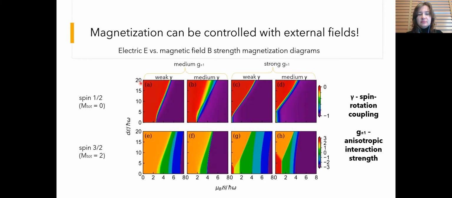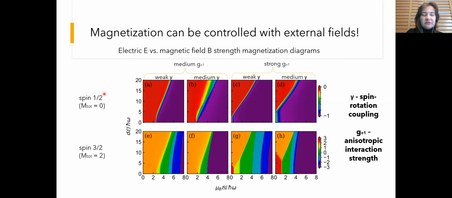And we can of course draw these phase diagrams for any properties we want, but we played with that a lot, and we noticed that spin rotation coupling and anisotropic interaction strength have the most important impact on the response.